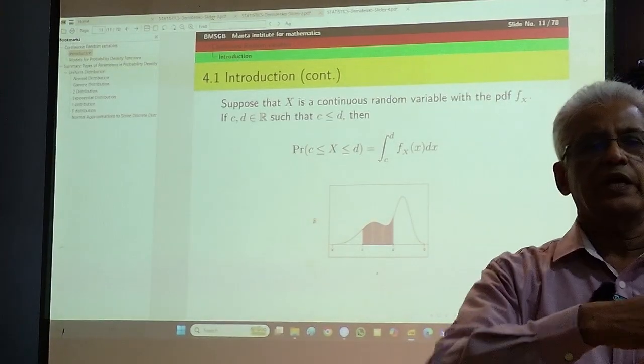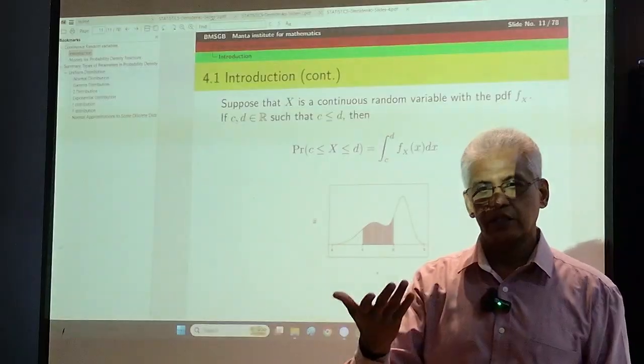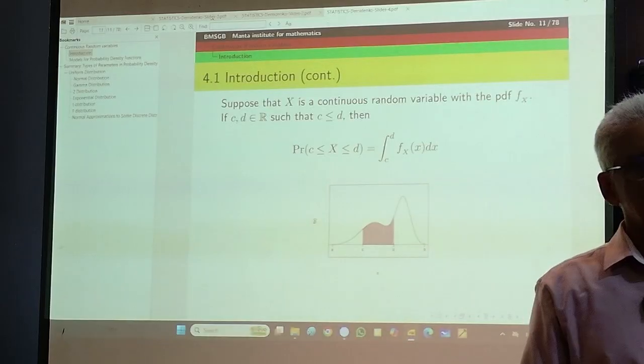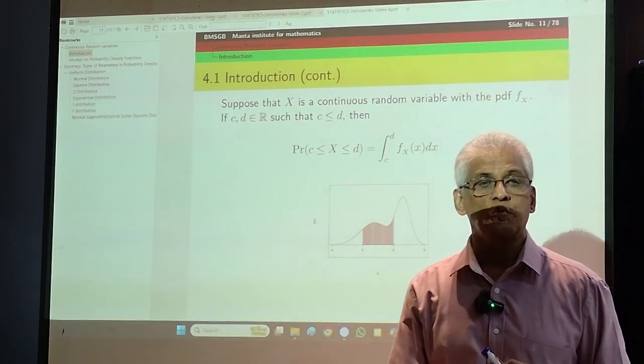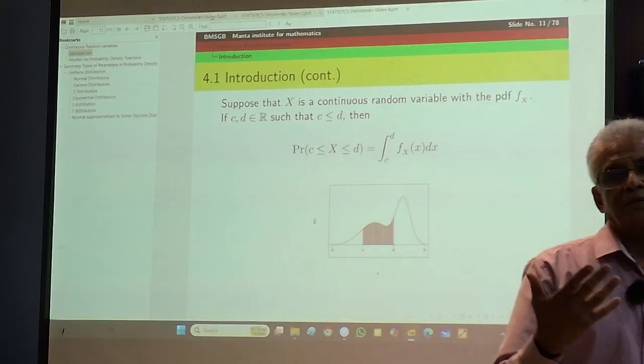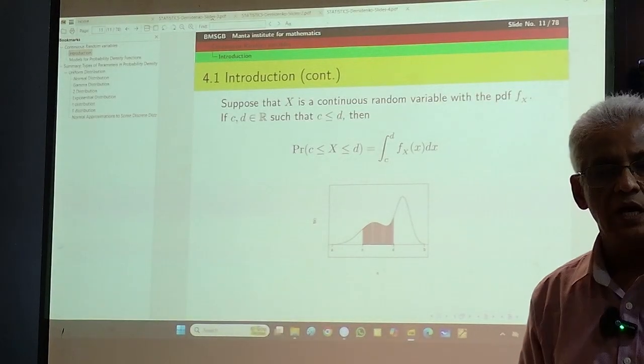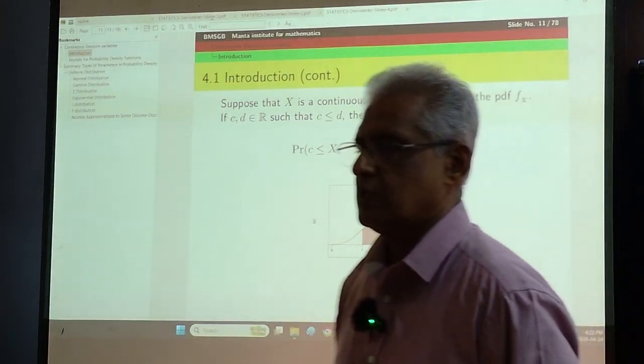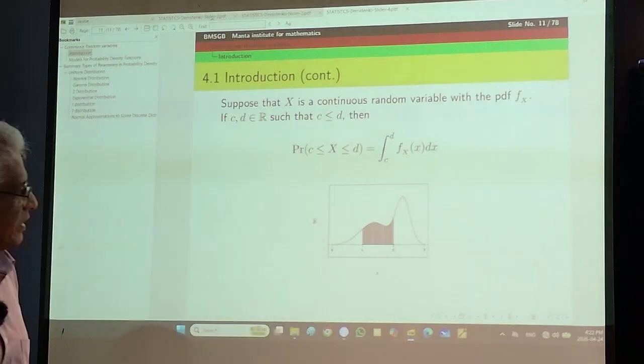When you integrate a function, you get the area under the curve. So when you are dealing with continuous random variables, the probability is always the area under some probability density function, right? So always that's the way.